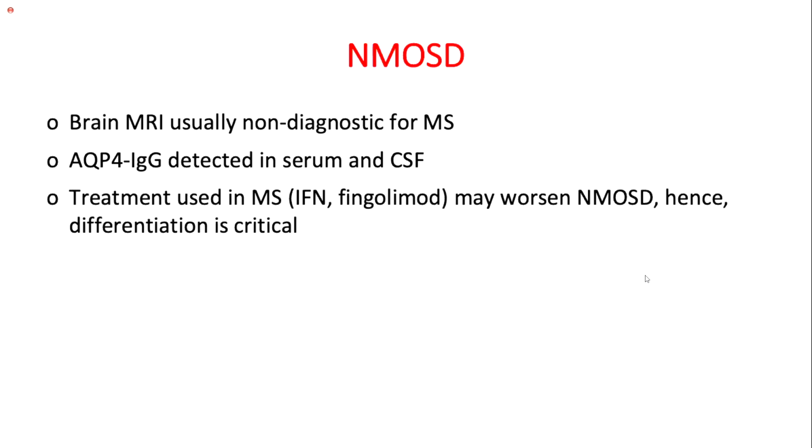Because in NMO, if you don't diagnose it properly and you think it is multiple sclerosis and use treatment like interferon and fingolimod, it worsens NMO. You get more and more relapses, and those relapses will cause irreversible disability. Treatment we use is immunosuppression.